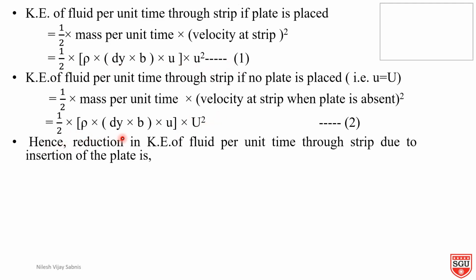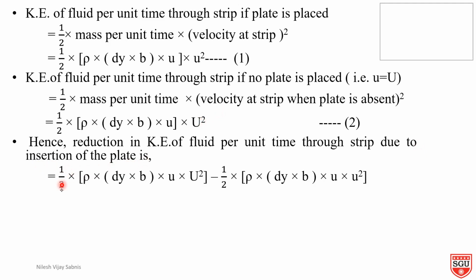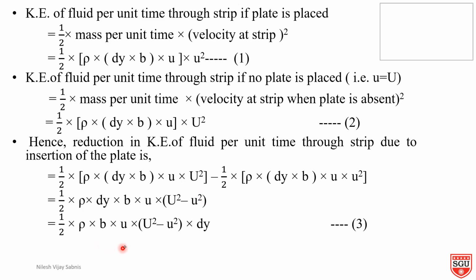Hence, the reduction in kinetic energy of the fluid per unit time through the strip due to insertion of the plate is equation 2 minus equation 1. So 1/2, this is equation 2, this is equation 1. You will get 1/2 rho dy b u multiplied by capital U squared minus small u squared. Rearranging the terms, we will get the final third equation.